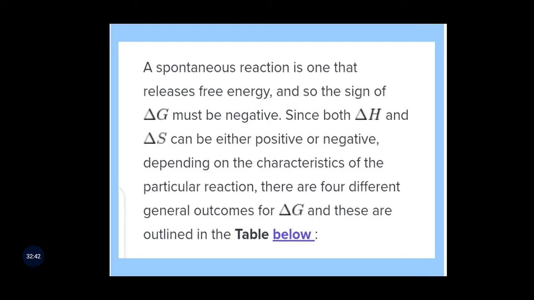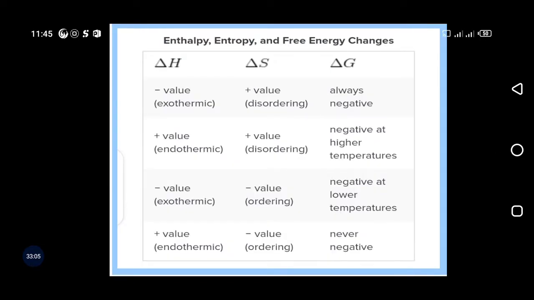Since both change in enthalpy and change in entropy can either be positive or negative depending on the characteristics of the particular reaction, there are 4 different general outcomes for delta G. Now let's look at these outcomes in the table we have in the next slide. We have the change in enthalpy, then the change in entropy, and then the Gibbs free energy.